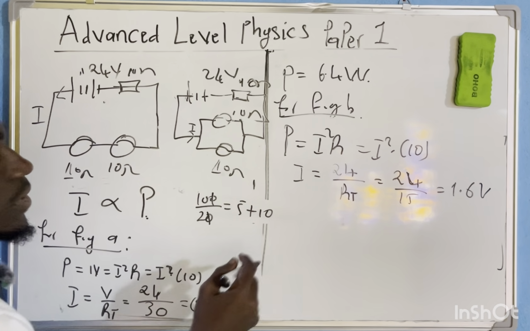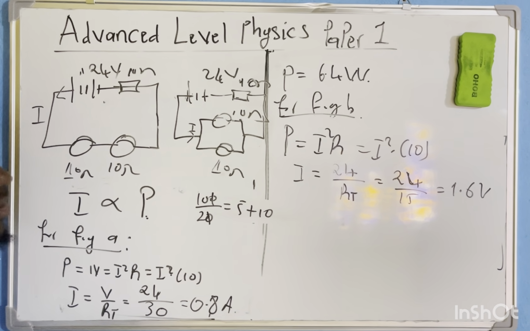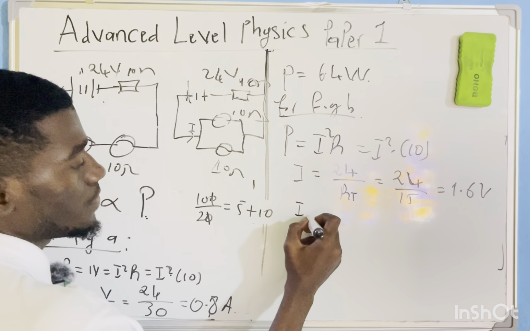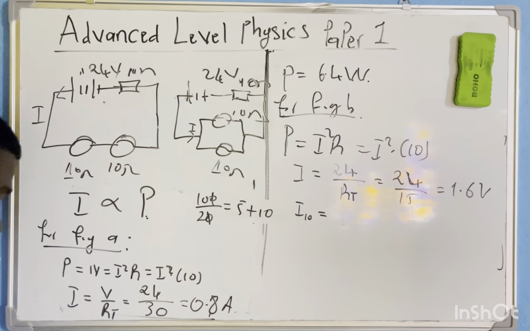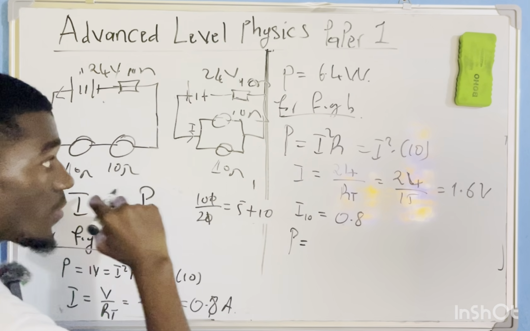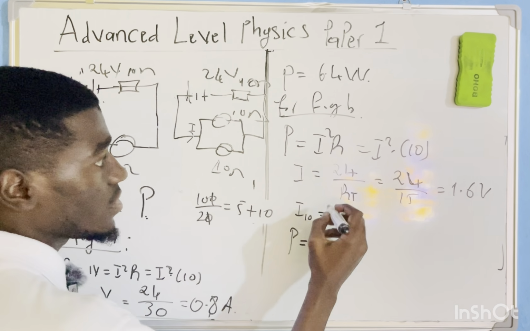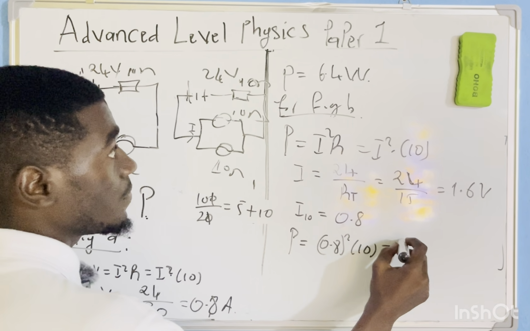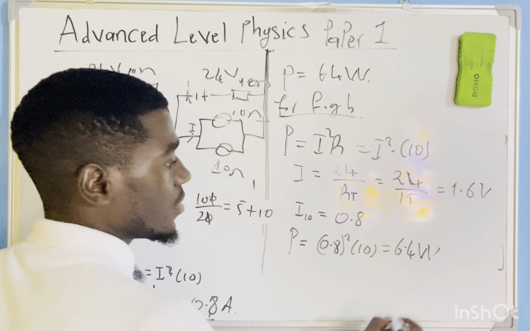Now we know that the current reaching here is divided into 2. So the current reaching the 10 ohms that I'm looking for is simply 1.6 divided by 2, which is 0.8. Therefore the power absorbed by that 10 ohms is simply 0.8 squared times 10, which gives 6.4 watts.